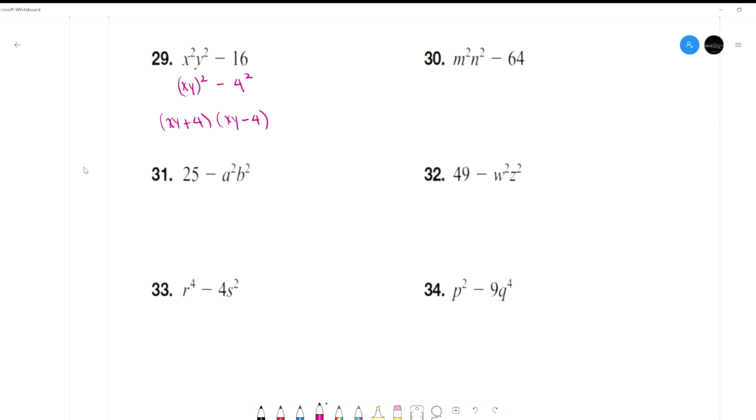All right? So try number 30. It should be the same thing here, right? m squared n squared. So this is no different from number 29, right? So this should be mn in parentheses squared minus 64 is 8 squared. So as you can see, this is a difference of squares question, right?